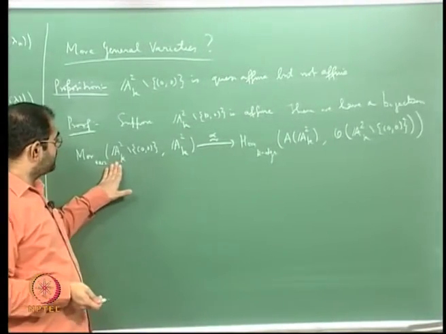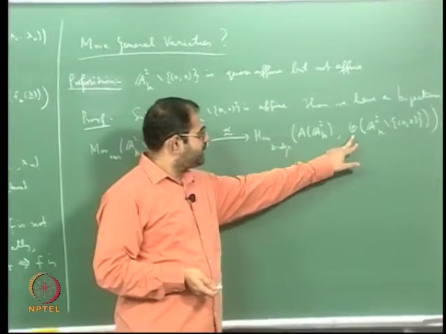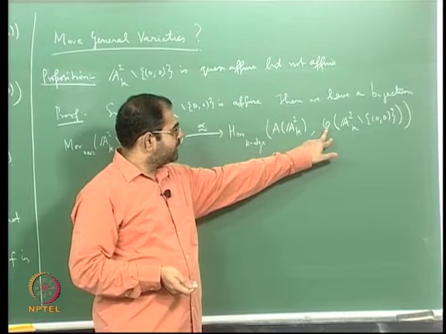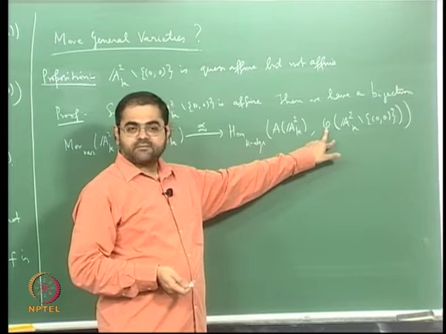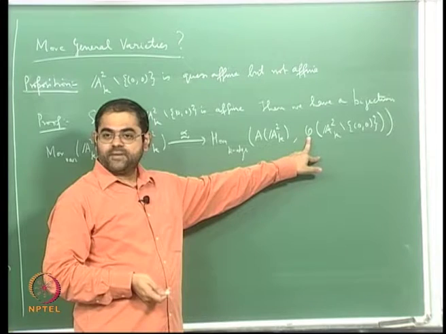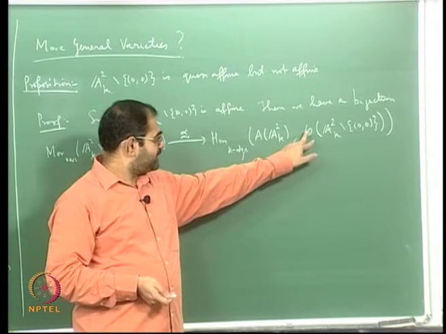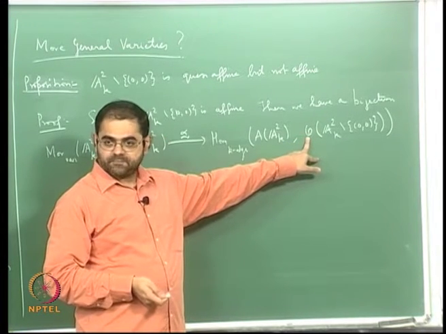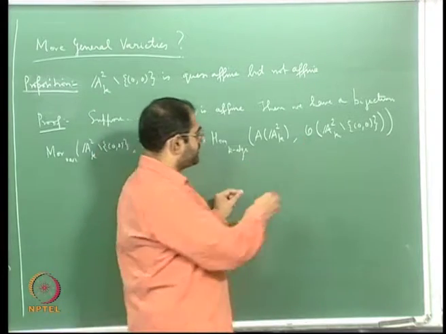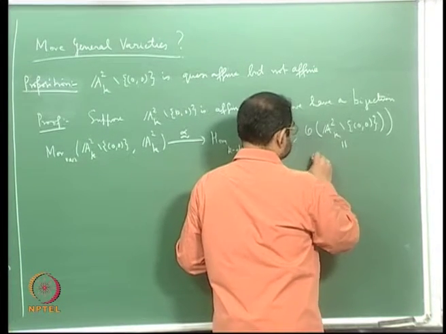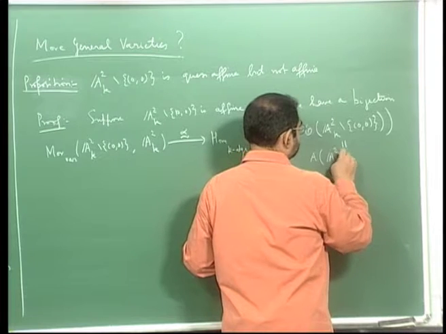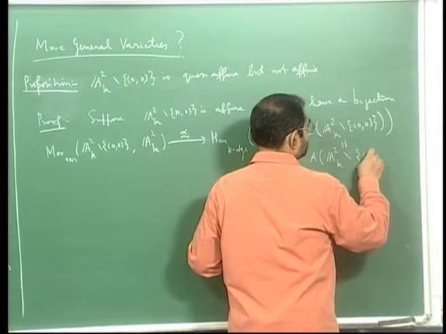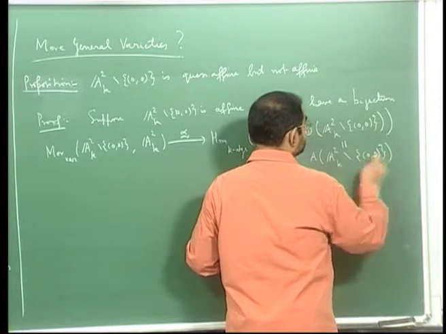So I am just applying that here, but I am noting that since I have assumed A2 minus a point to be an affine variety, this can be replaced by A of A2 minus (0,0). What does this mean?